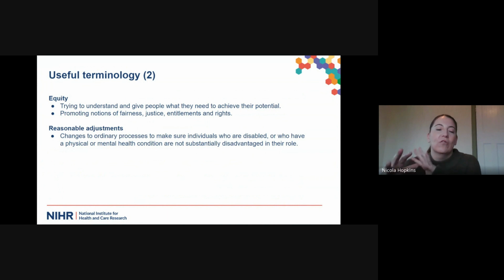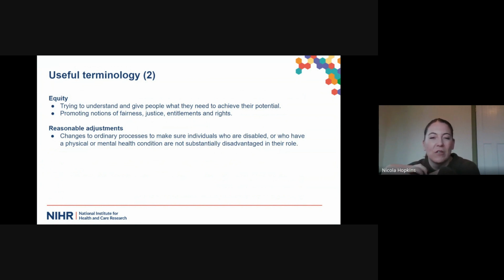I think it's also important for us to understand the difference between equality and equity, because these words are used sometimes interchangeably, even though they don't really mean the same thing. So we've got a graphic on the next slide, which will be really helpful and show the difference between those two terms. But equity essentially means that we're trying to understand and give people what they need to achieve their potential.